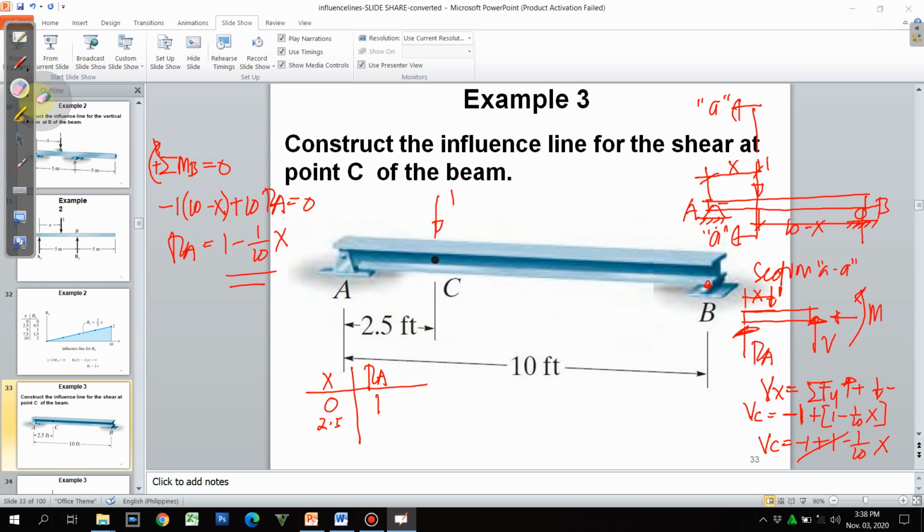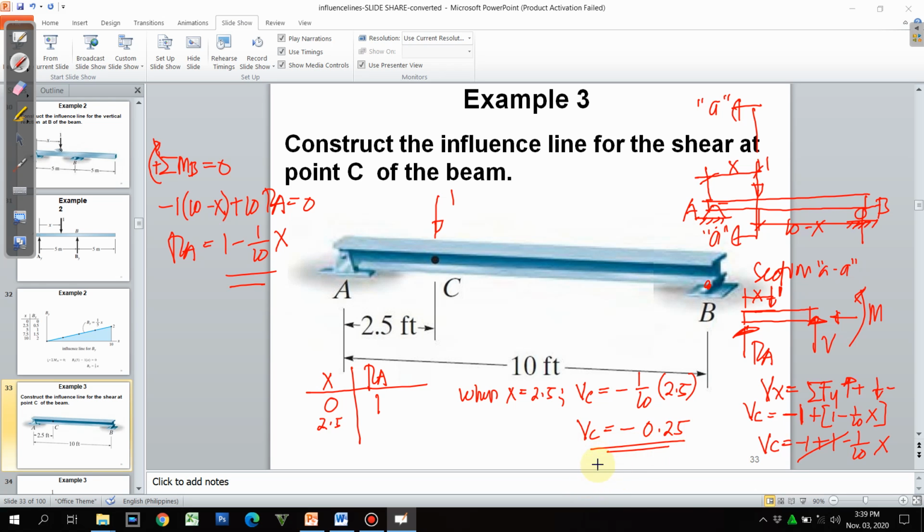We substitute 2.5 when x is equal to 2.5. Your shear at C is equal to -1/10 of 2.5, and shear at C is actually -0.25.